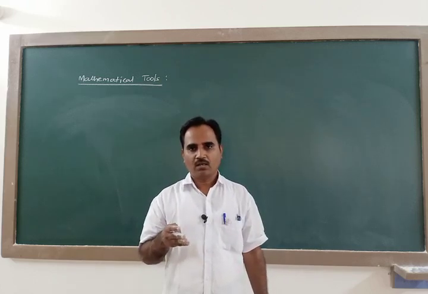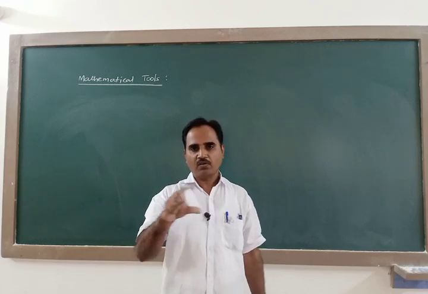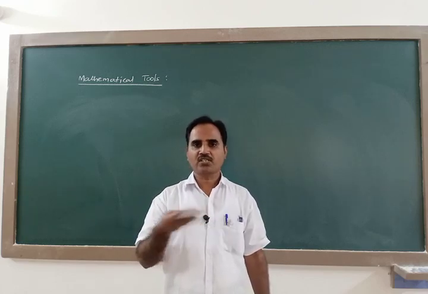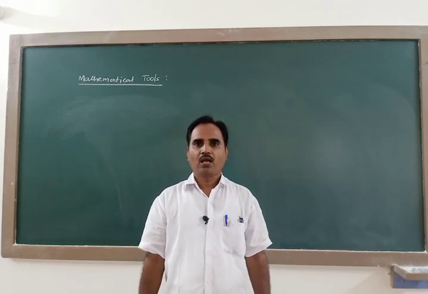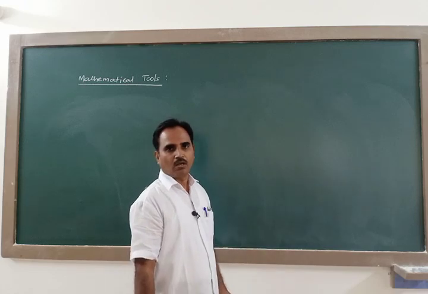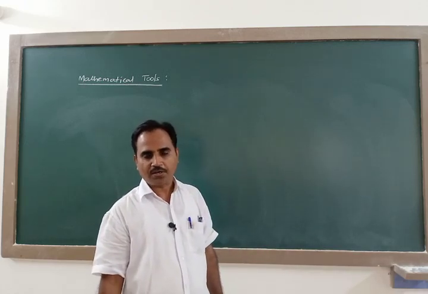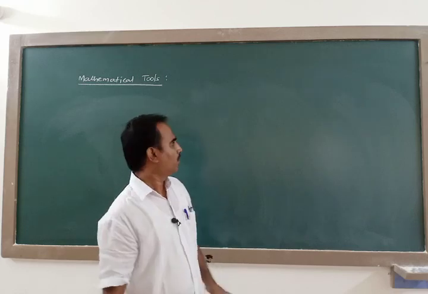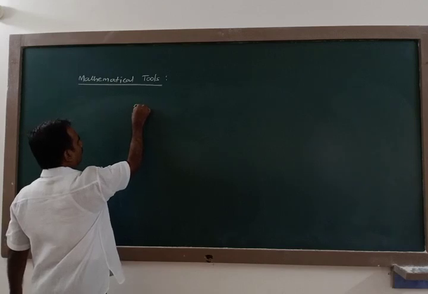When the number of equations and the number of unknown quantities are the same, then you can solve them and find the unknown quantities. And also, you come across the solving of quadratic equations, particularly second order quadratic equations.